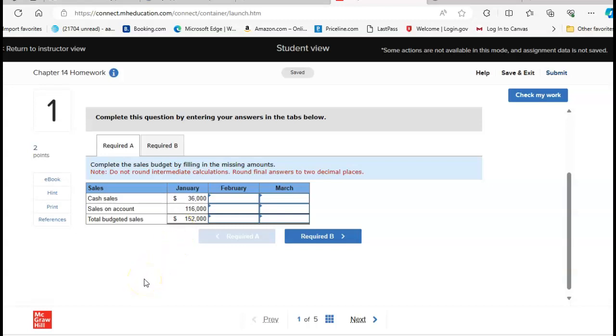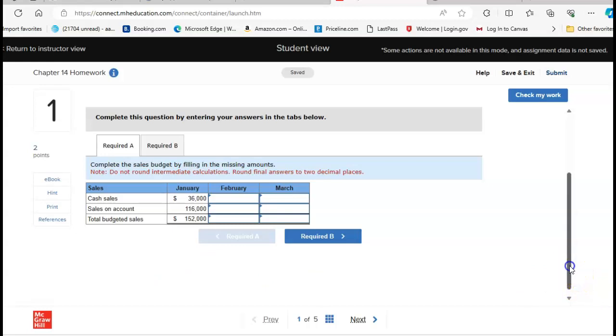So you'll take the 36,000, divide that by 152,000. So our cash sales, roughly, write this down, is 23.6% of our total sales. Then your sales on account, 116,000, if I divide that by 152,000, it's roughly 76.31%.